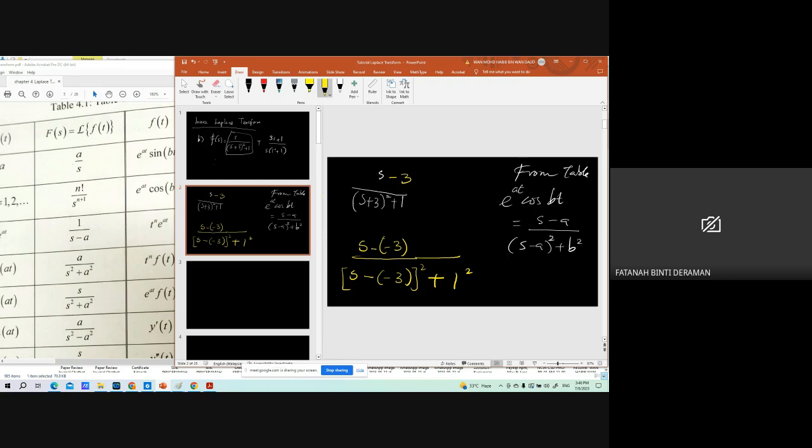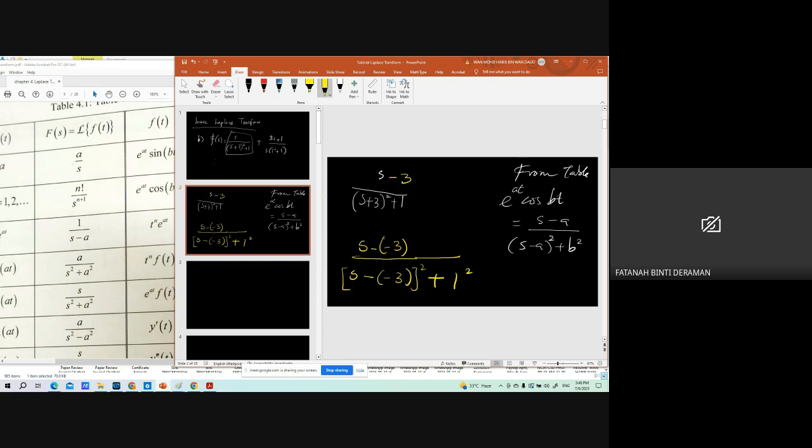Because we add something here, can anyone give some idea how to make this?